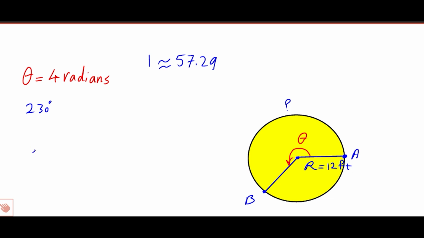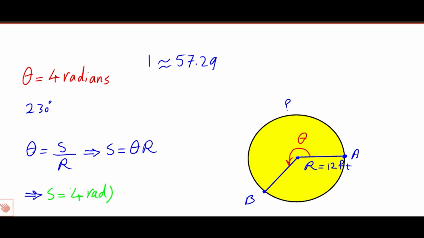So we know that theta is equal to S over R. So S is equal to theta times R. So S is equal to 4 radians times 12 feet per radian, and the unit radians cancel, so we have 4 times 12 is equal to 48 feet. Okay?